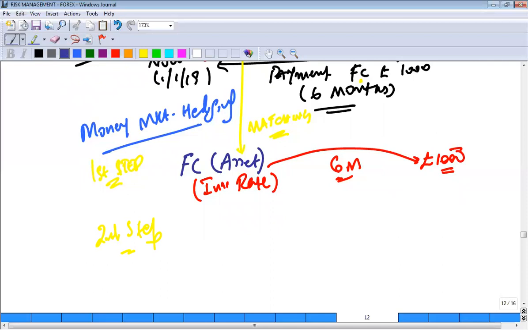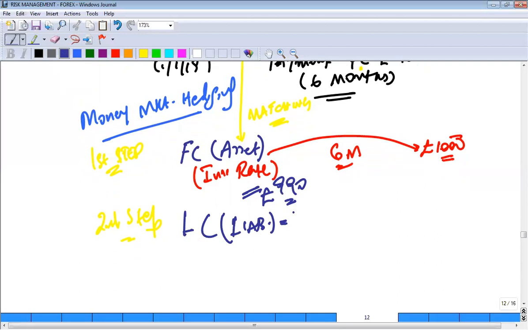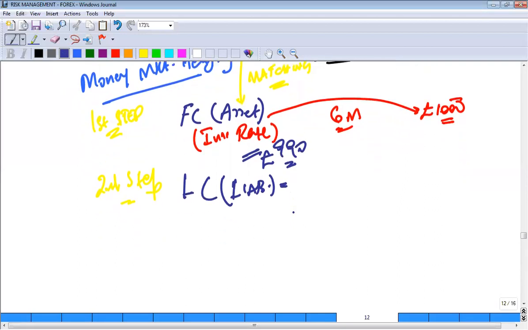So the question is, sir, from where will we arrange this foreign currency asset? The answer would be local currency liability. We have to borrow enough local currency to purchase this amount, for example, 990 sterling.